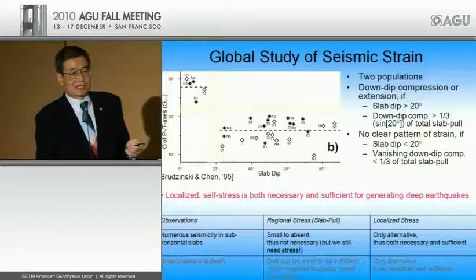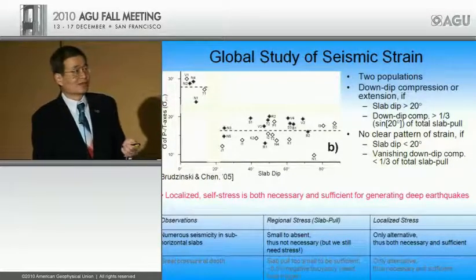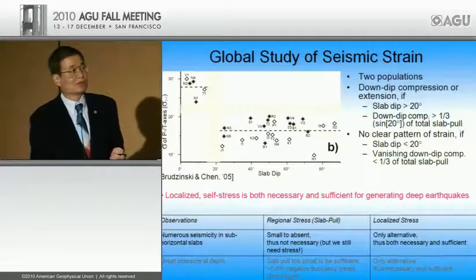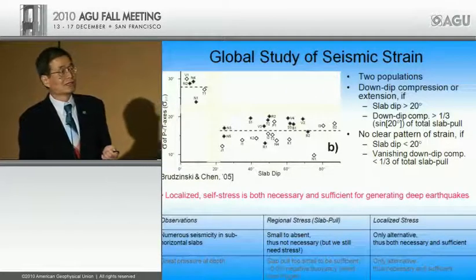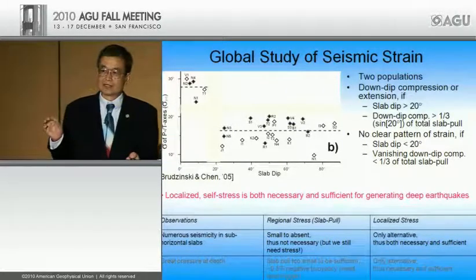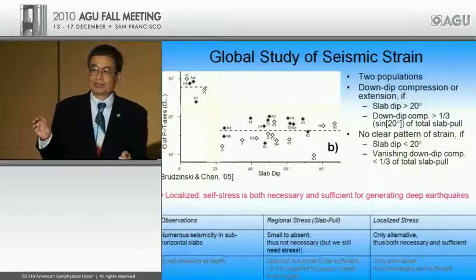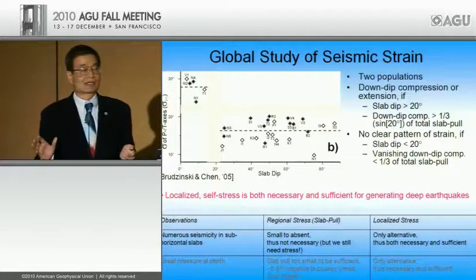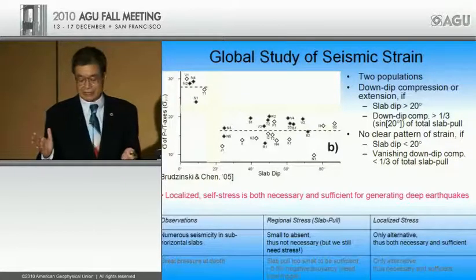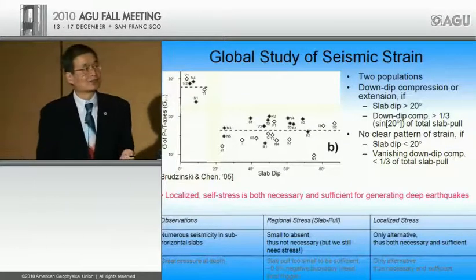So the available slab pull is the sine of 20 degrees. That's the cutoff here. That's about 1/3. So it seems like we need about 1/3 of available slab pull to organize the focal plane solutions such that you will have the classic down dip extension or compression pattern.